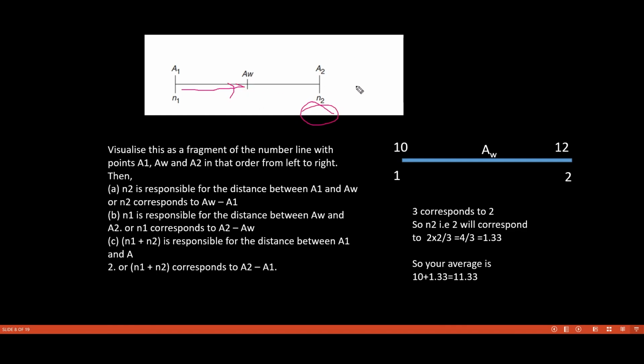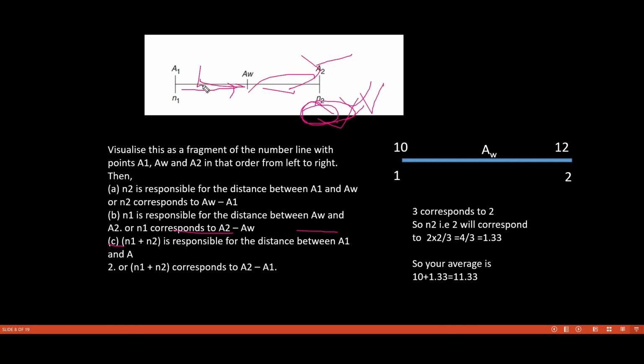If this N2 quantity is trying to pull the price towards A2, because the quantity is more or the price is more, that is why the distance between A1 and AW is because of N2. And similarly, N1 is responsible for the distance between AW and A2.